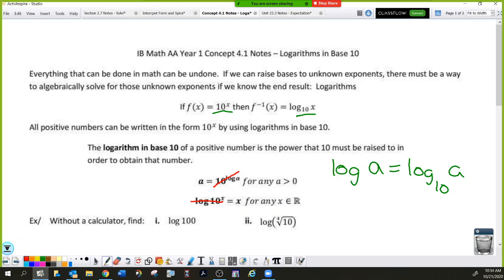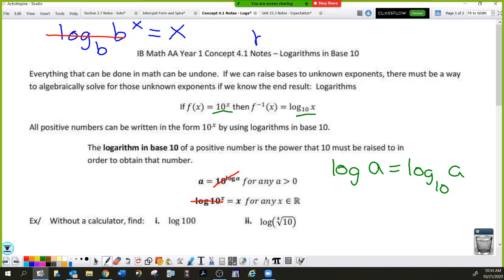In all actuality, log base b of b to anything is anything, because log base b will cancel exponential base b. They're inverse operations. As long as the bases match, they're inverse operations. Log base b cancels exponential base b, and that's why this works like that. And the other order is the same.